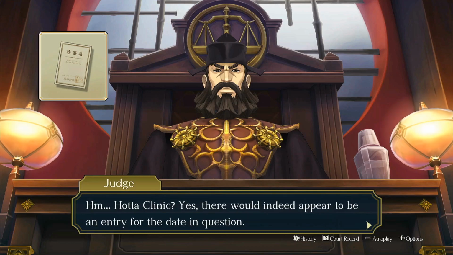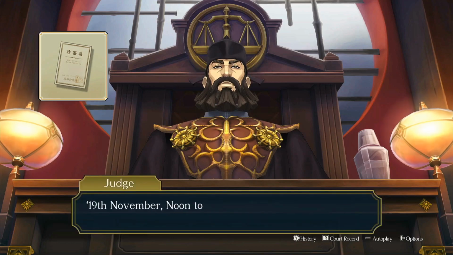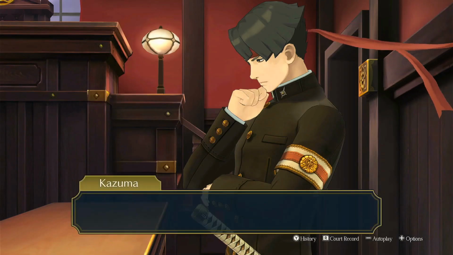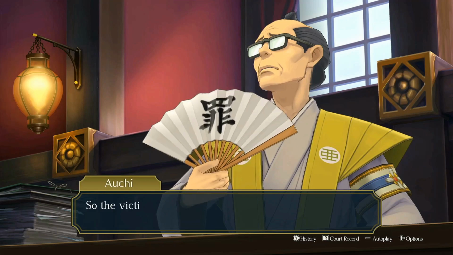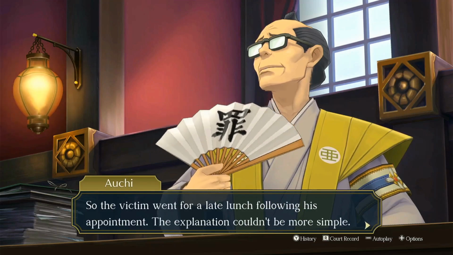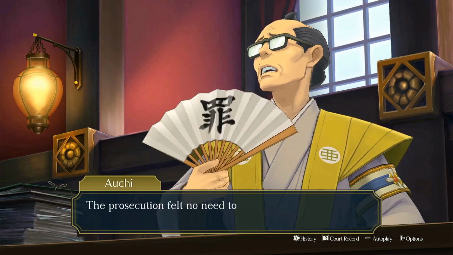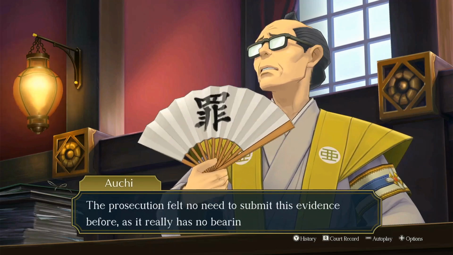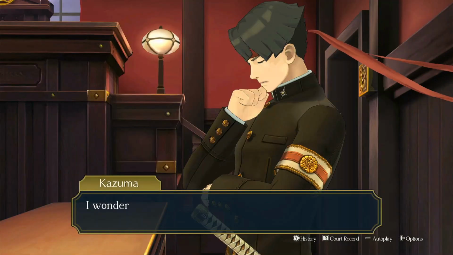Yes, there would appear to be an entry for the date in question. 19th of November, noon to past 1 p.m. The very day of the incident. So, the victim went for a late lunch following his appointment. The explanation couldn't be more simple. The prosecution felt no need to submit this evidence before, as it really has no bearing on the case.